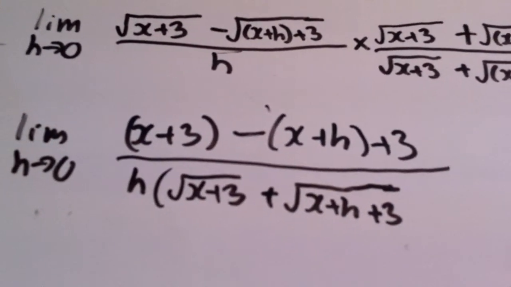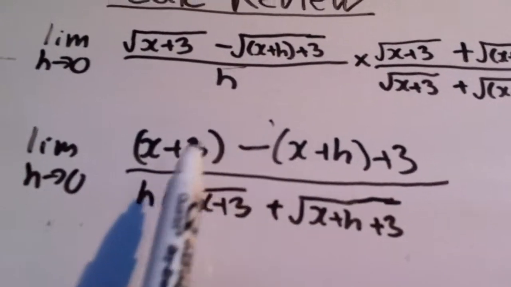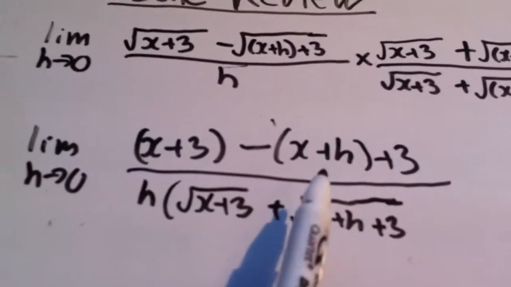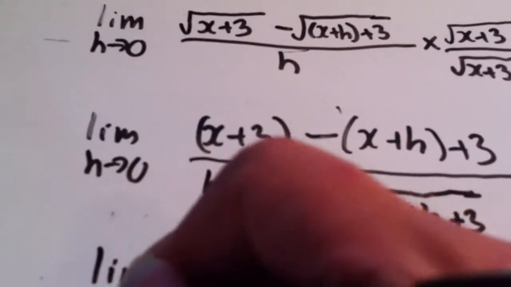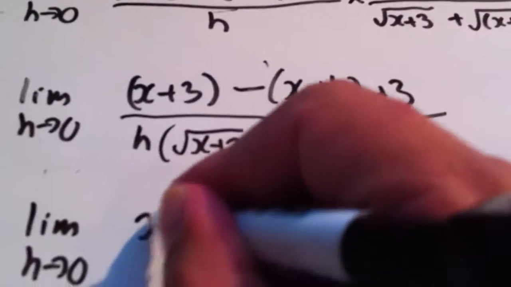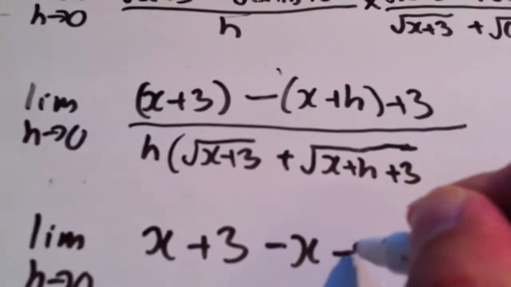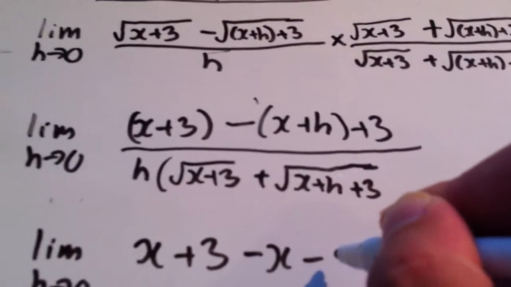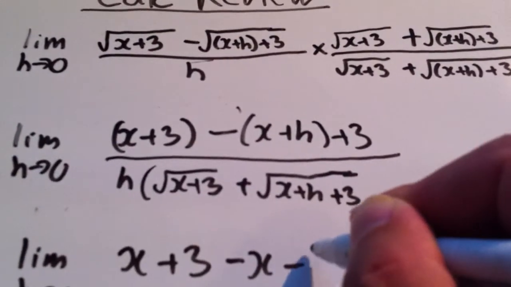Okay, now what can happen here is that now that we got rid of the radicals, we can simplify the top a bit. So if we look at the top, still writing limit as h approaches 0, we would have on the top x plus 3 minus x minus h.